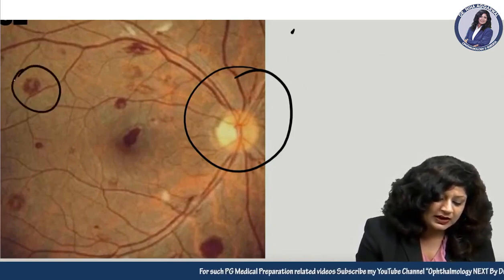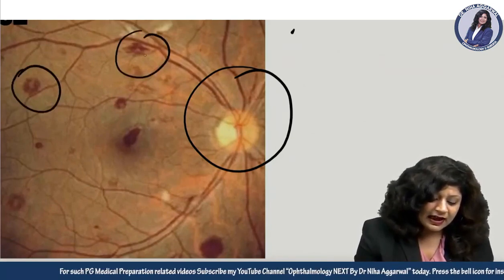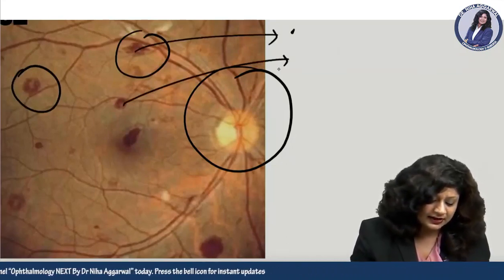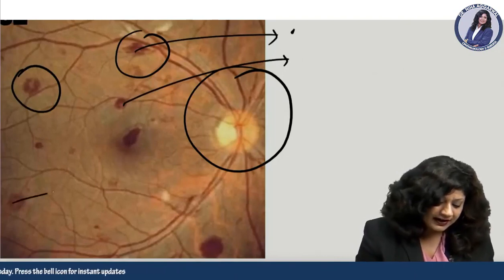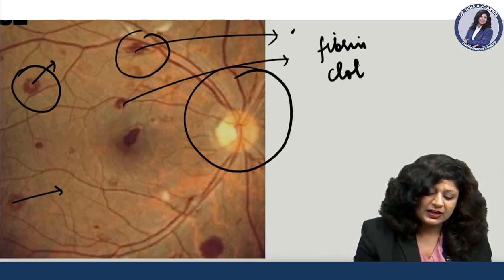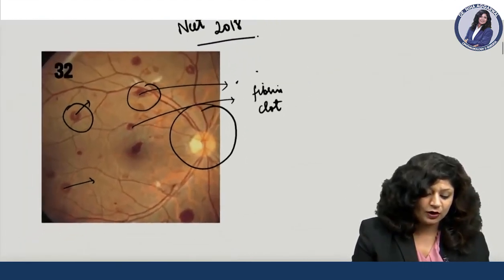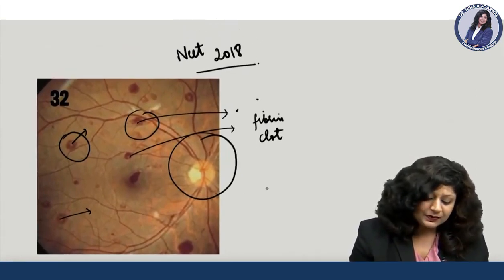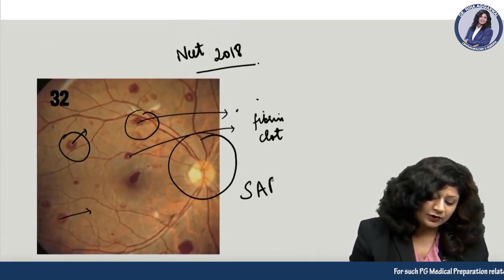These are superficial hemorrhages, and every hemorrhage will show you a central whitish area. Can you see here? This is nothing but a fibrin clot. The central whitish area is actually a fibrin clot. So this is basically a visual of subacute bacterial endocarditis.